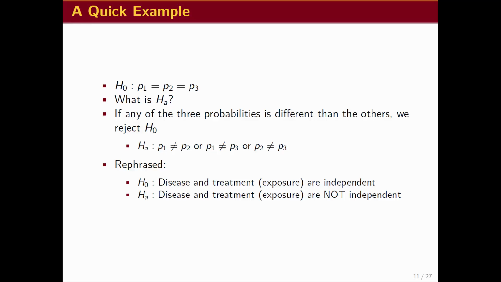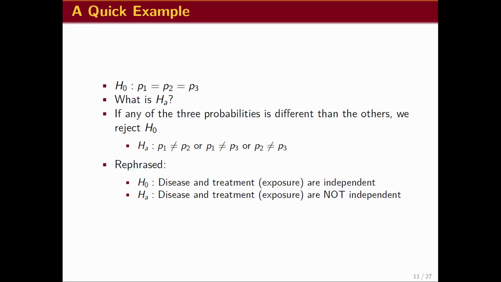So even if aspirin and statin are the same, but they're both different than the placebo, that's in the alternative because they wouldn't all be the same. Or if statin and placebo are the same but aspirin's different, that's in the alternative, right? So any departure from this strong null hypothesis of P1 equals P2 equals P3, any departure from that lies in the alternative, okay?